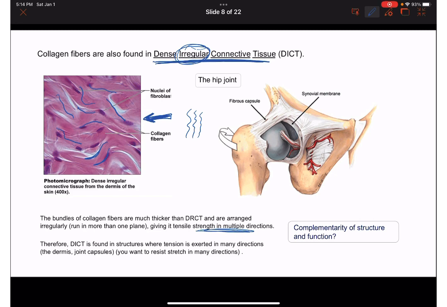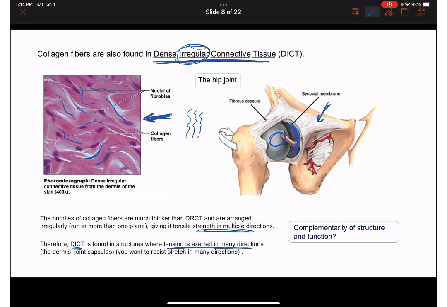And so where are we going to find this? Because of this, you're going to find dense irregular connective tissue in structures where tension is exerted in many directions. And joint capsules are a great example of this. Here we have the hip joint. This is the head of the femur that fits in this socket, the acetabulum on the hip bone.